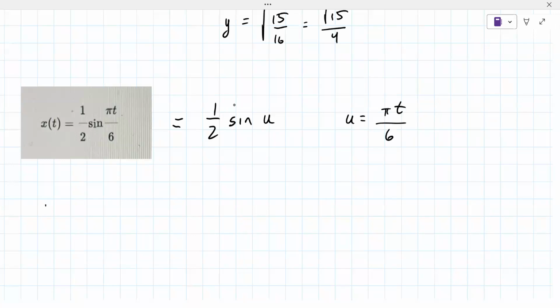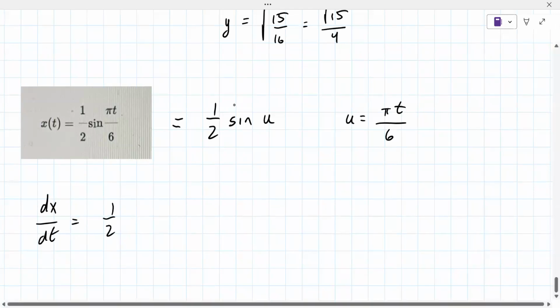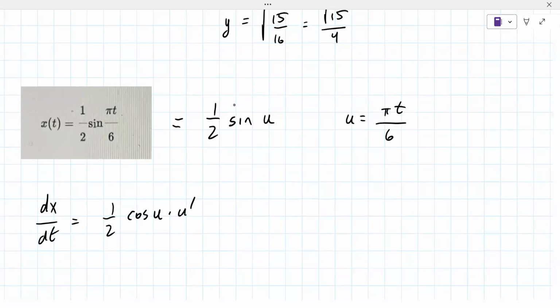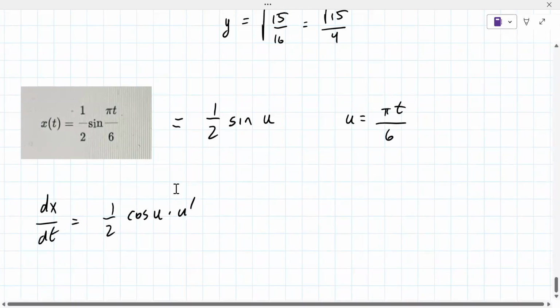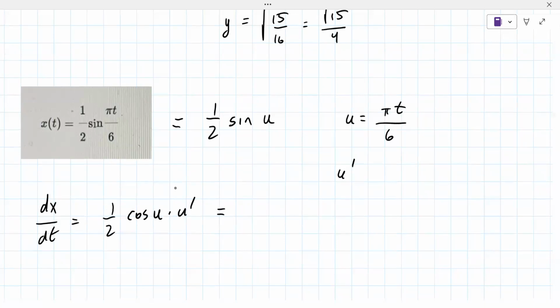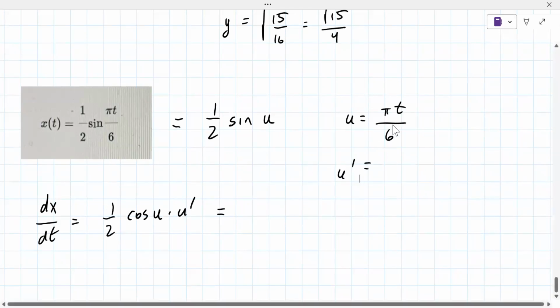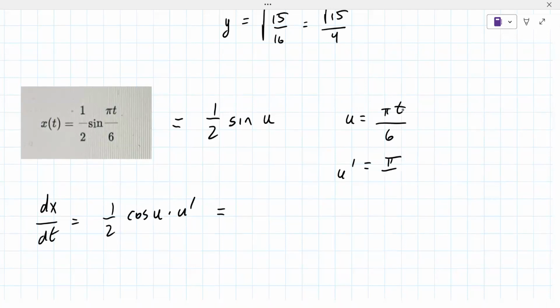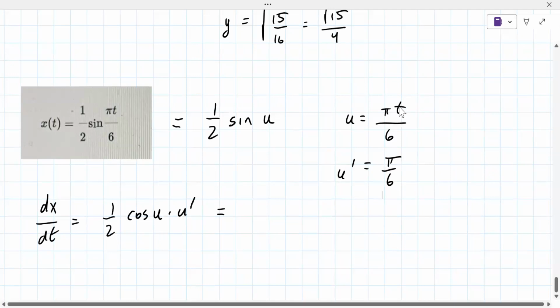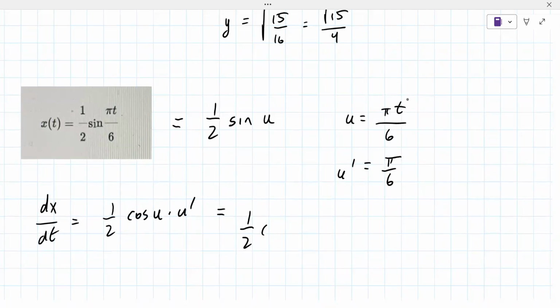So your dx dt, the derivative of sine is cosine times u prime. The derivative of pi over 6 times t is just pi over 6, since the derivative of t is 1. So we have 1/2 cosine pi t over 6 times pi over 6, like that.